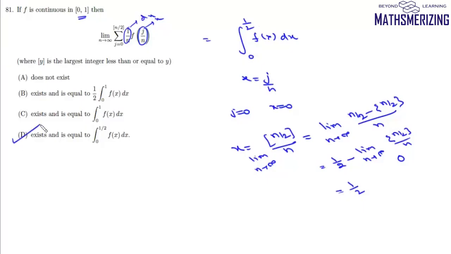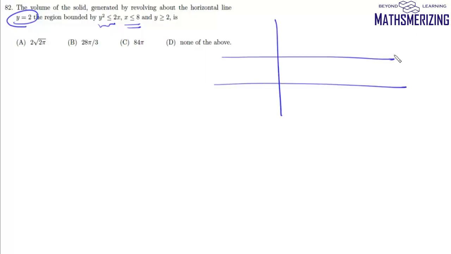Question number 82 is, we need to find the volume of the solid generated by revolving about the horizontal line y equals 2 the region bounded by y square less than or equal to 2x, when x is less than or equal to 8 and y is greater than or equal to 2. So we have this line y equals 2, and then we have this parabola which is y square equals 2x. Now we are talking about the region which lies inside of this parabola.